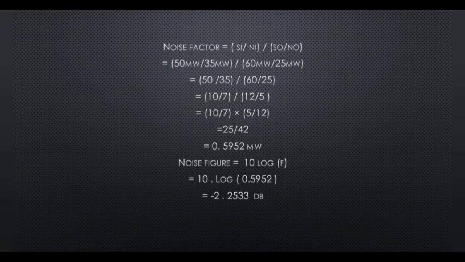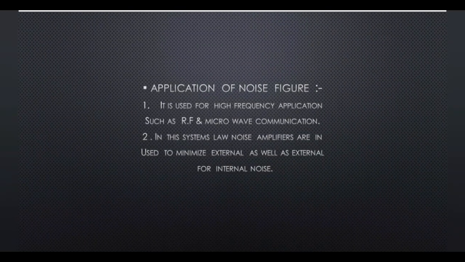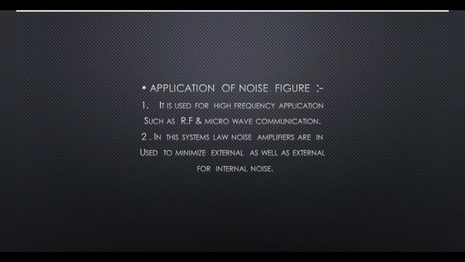Noise factor is equal to (Si/Ni) divided by (So/No), which is equal to (50/35) divided by (60/25), which is equal to (10/7) divided by (12/5), which is equal to 10/7 times 5/12, which is equal to 25/42, which is equal to 0.5952.